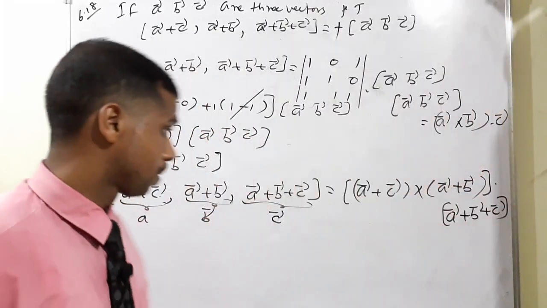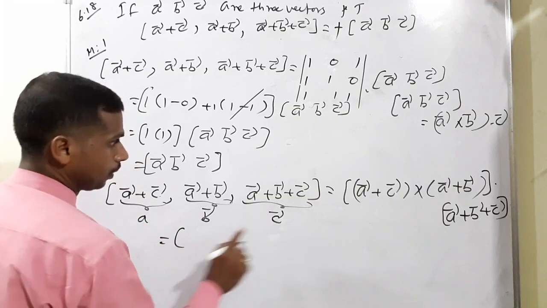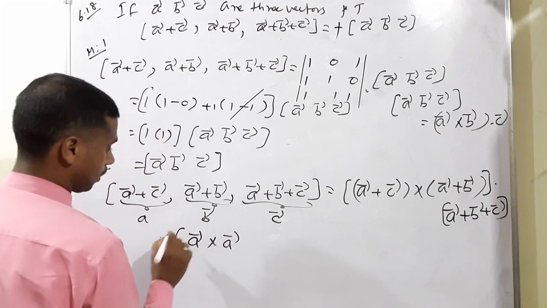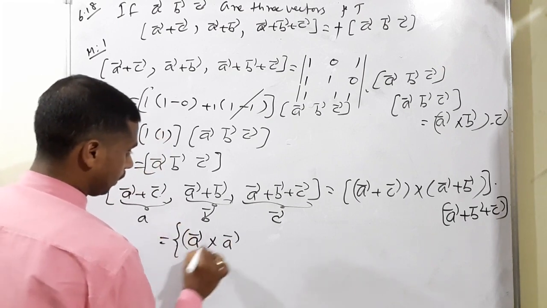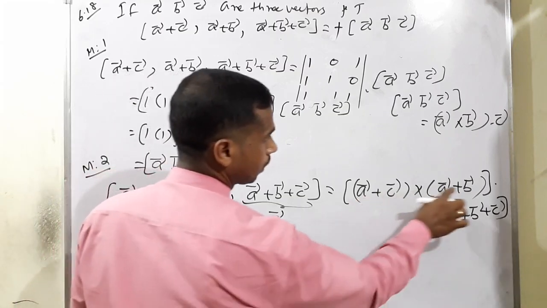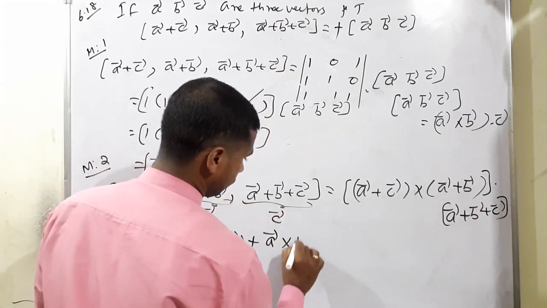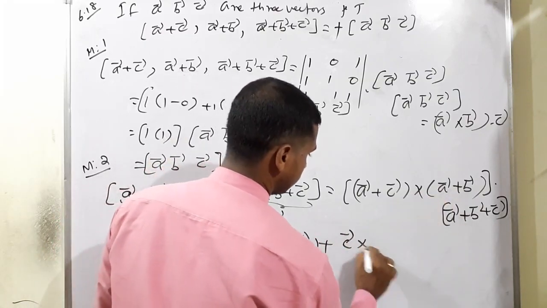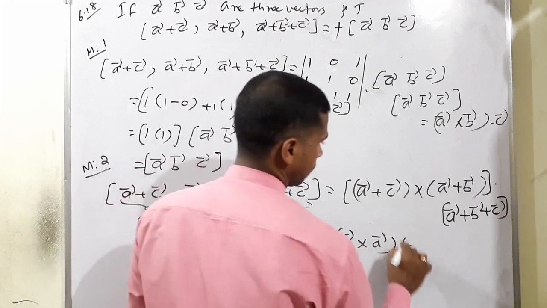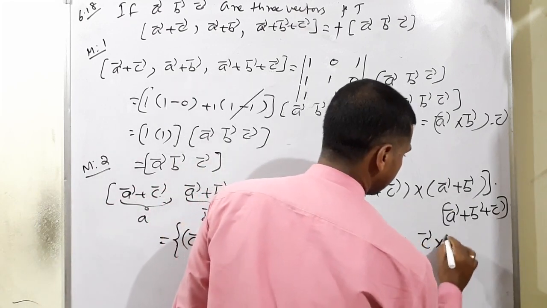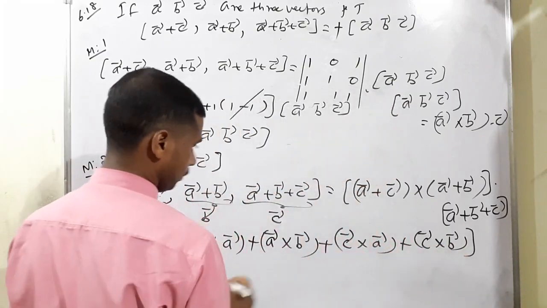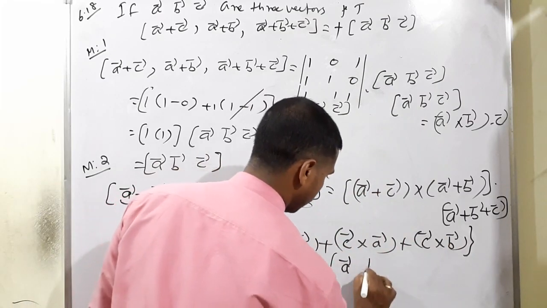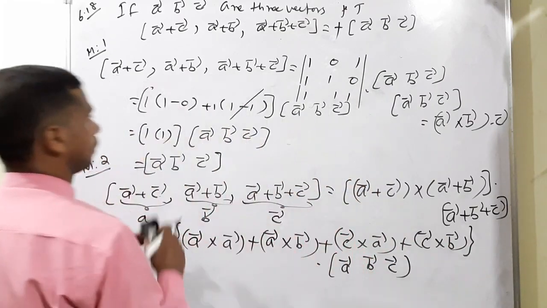Now multiply the first one: A vector cross A vector, then plus A vector cross B vector, plus C vector cross A vector, then plus C vector cross B vector, then outside, dot the box product of A vector, B vector and C vector.